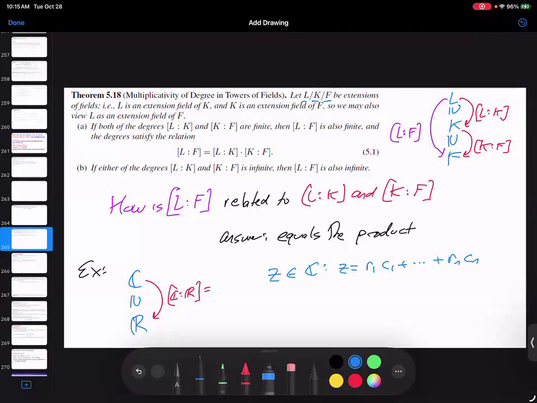How many basis elements do you think I need to get the complex numbers from the reals? Two. So this should hopefully be 2.